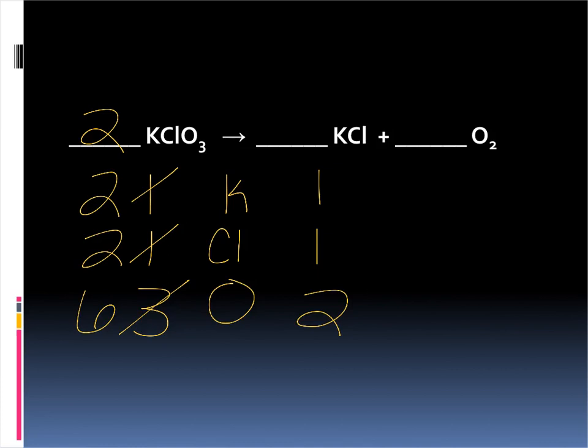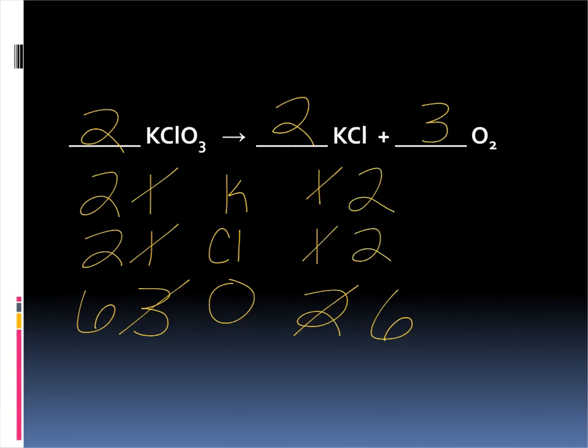Now, I wanted my O's 6, so I need to put a 3 over here. So that gives me 6. And now I got to fix my K's because they got messed up. So I've got 2. So if I put a 2 there, I'd have 2 K's and 2 Cl's. Ta-da! It's balanced.